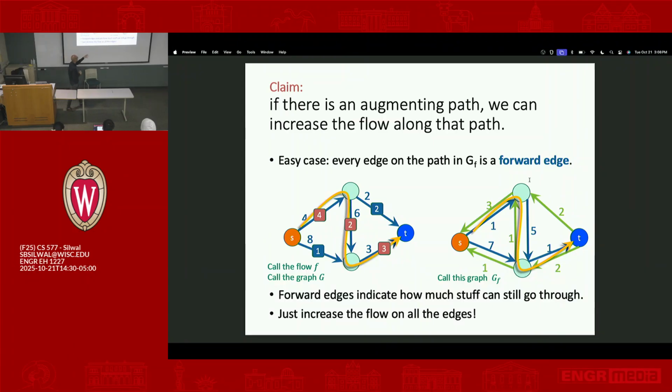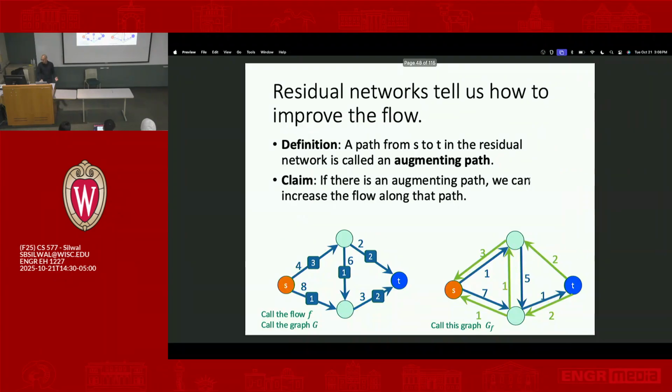So one case is the following. If every edge on the path from S to T is only traveling on the blue edges, the edges that exist, then that actually corresponds to a path in the graph. If I take this blue edge and this blue edge, then it corresponds to a path in the graph where I can just increase all the flow.